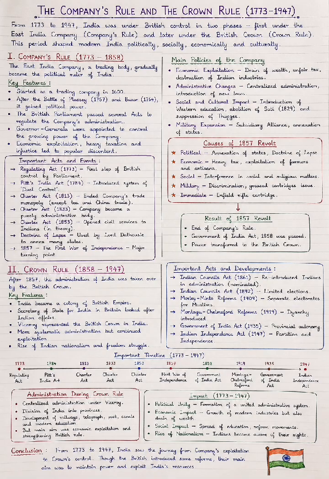Now the next is the Charter Act of 1813. It abolished the trade monopoly of the company. Indian trade was thrown open to all British merchants. However, it continued the monopoly of the company over trade in tea and trade with China.